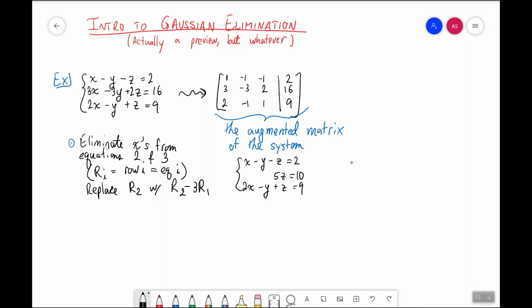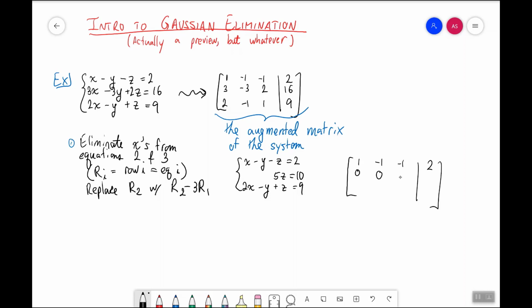So on the matrix side, what I would be doing is, okay, I have 1, minus 1, minus 1, 2. And if I'm going to do row 2 minus 3 row 1, that means I do 3 minus 3 times 1, so I get a 0 here, minus 3 minus 3 times negative 1, so that's minus 3 plus 3, which is 0 again, as I would have expected from over here.